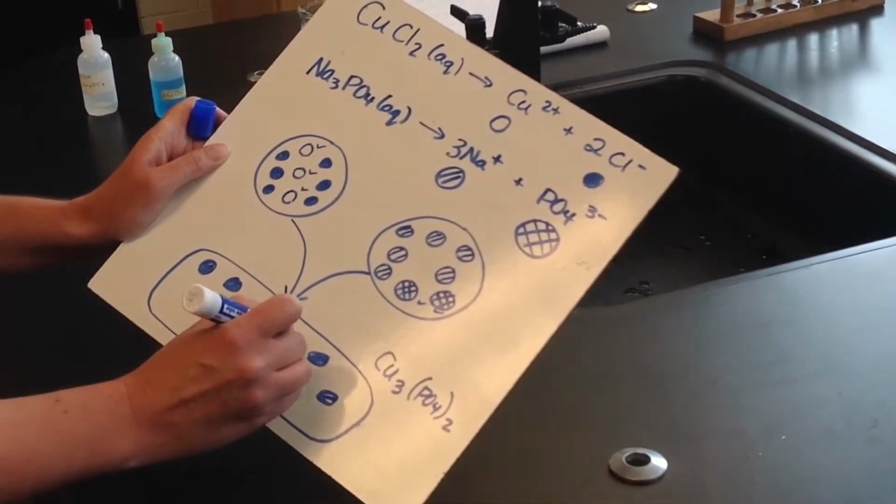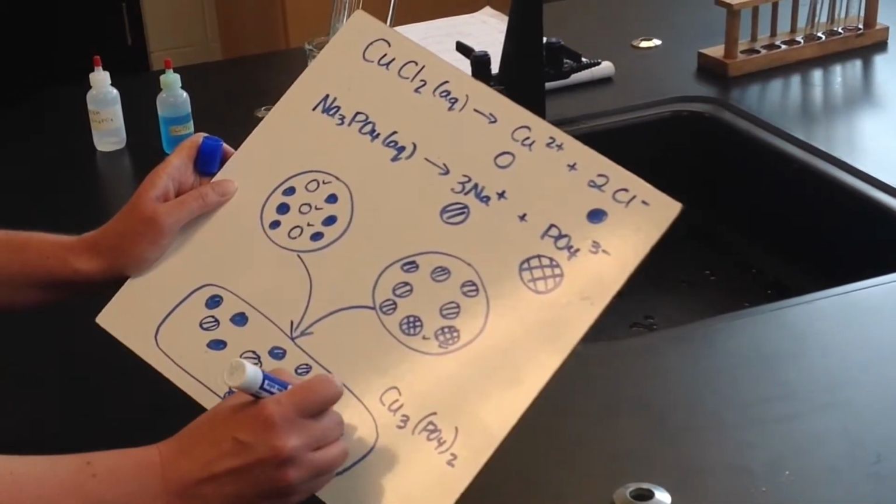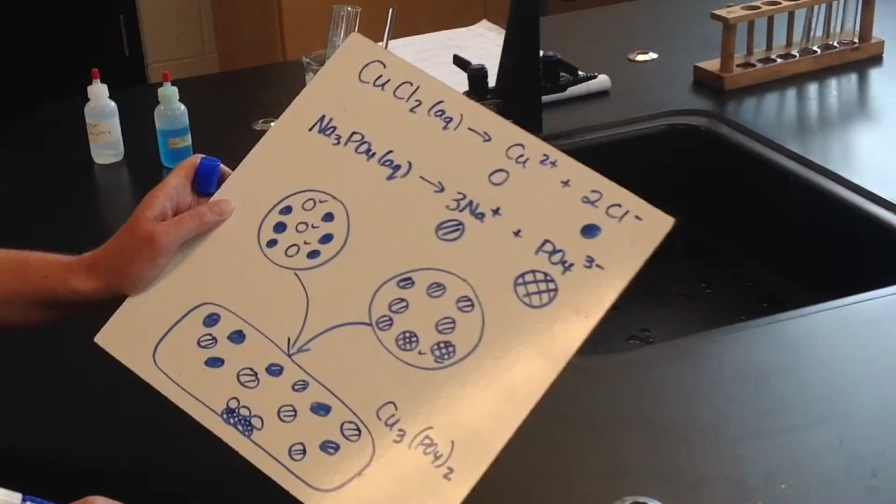Okay. And so this is our particulate level view of this reaction, keeping up with our conservation of mass, which you need to think about, but you don't always have to show in models. I wanted to show that for this one to kind of get us thinking about that. And so there's our particulate level view.